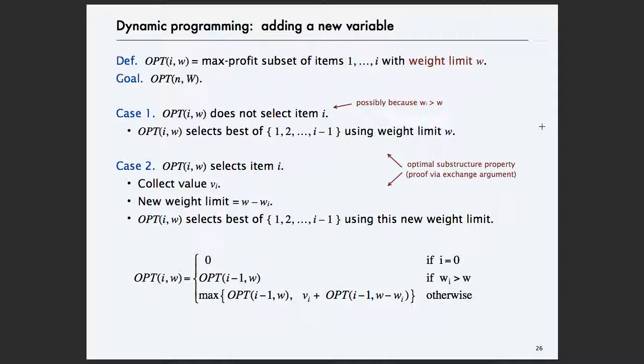Does that make sense? If the weight was 5, I'll do i up to i minus 1, but now my weight is 5 minus the item's weight. So I just go and look that up in the table. If I don't select it, then it's just the previous one at this weight.